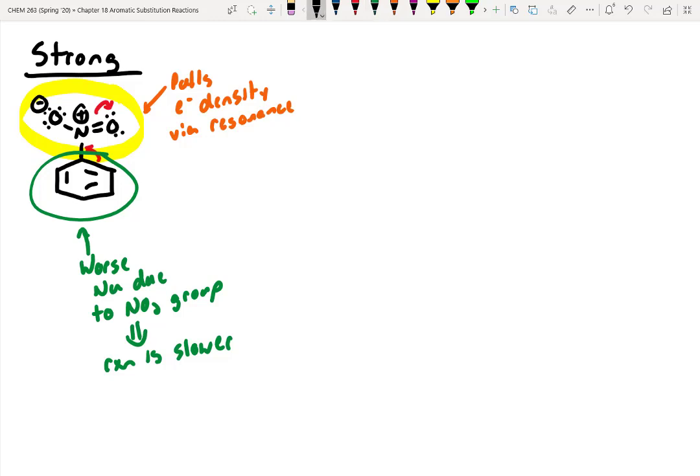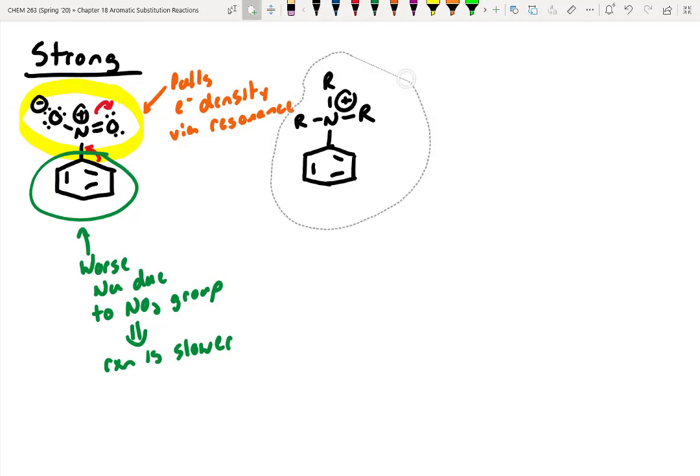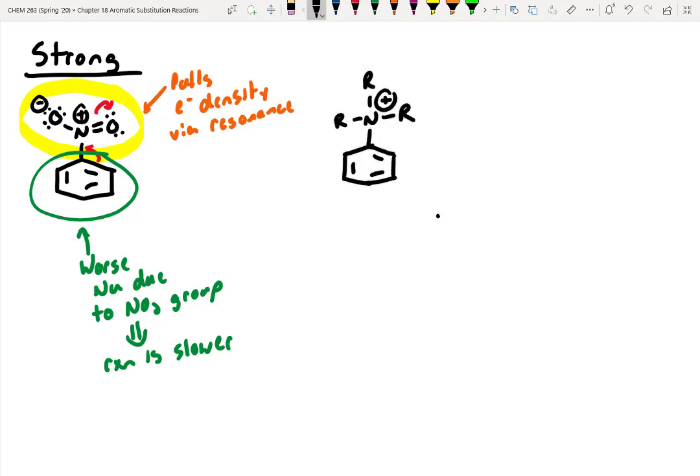All right, so let's take a look at some other ones. The next one I wanted to look at is a little bit different, but it's an alkylated amine. And what this is called is a quaternary ammonium salt. So amines can be alkylated to the point where they no longer have any lone pairs on them. In fact, I'm going to slide this over just so we have a little bit more room. And this entire group is considered a strong deactivator.